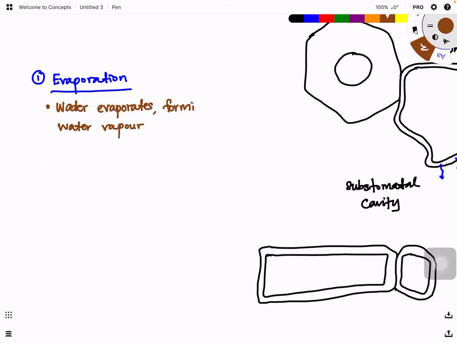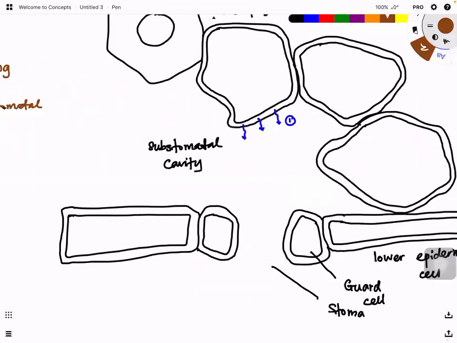And this water vapor is going to saturate the substomatal cavity. Are you clear? So that means this substomatal cavity is now full with water vapor.